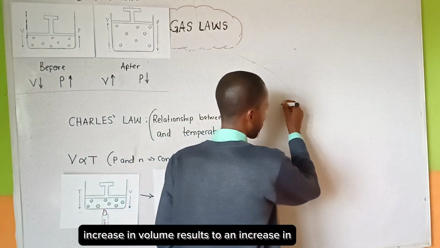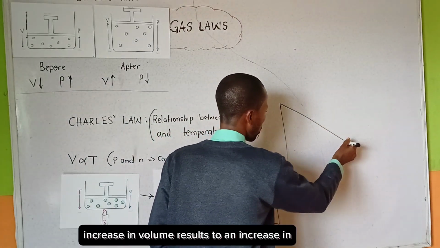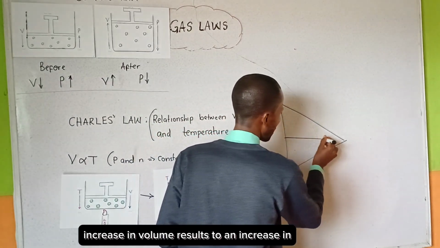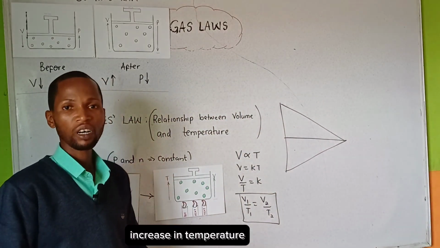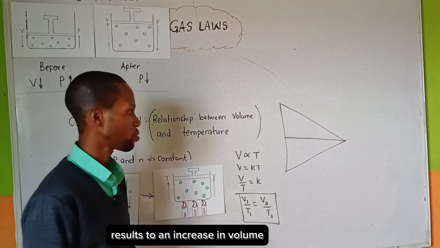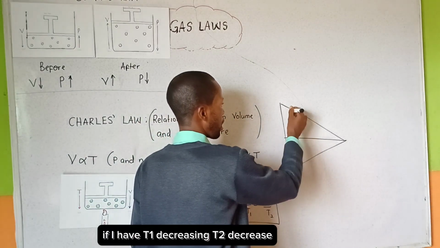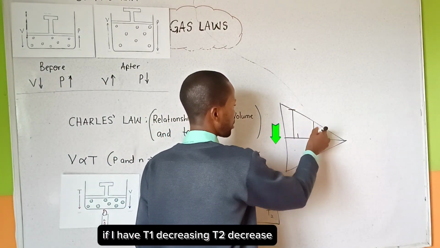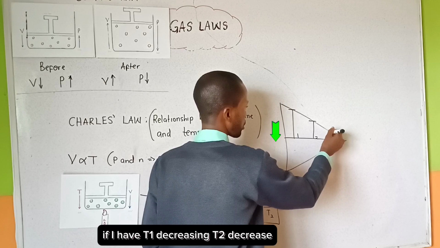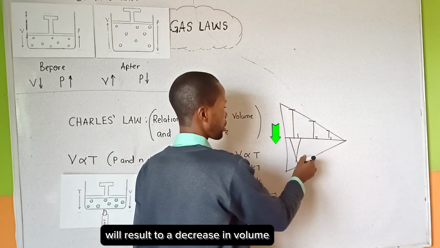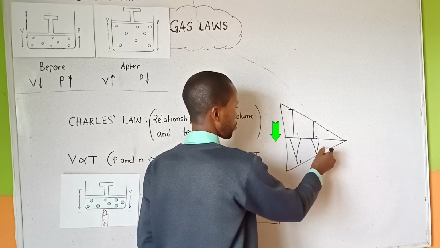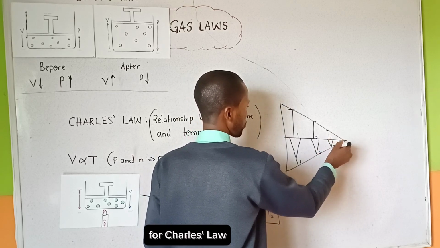An increase in volume results in an increase in temperature, or vice versa. An increase in temperature results in an increase in volume. If I have T1 decreasing to T2, a decrease in temperature will result in a decrease in volume for Charles's law.